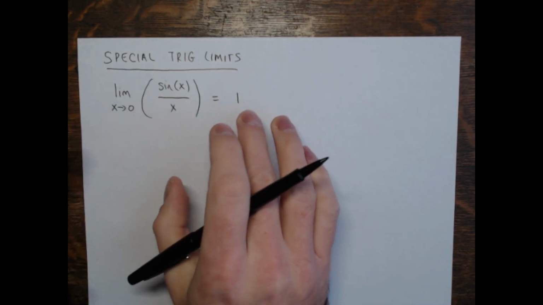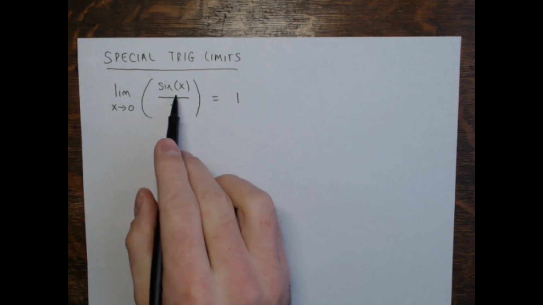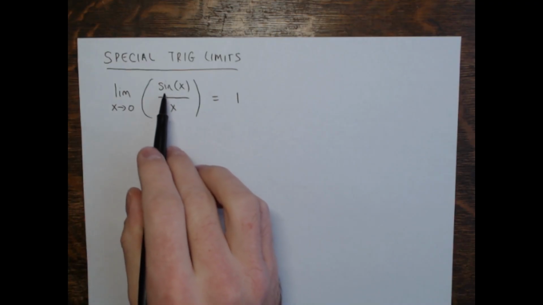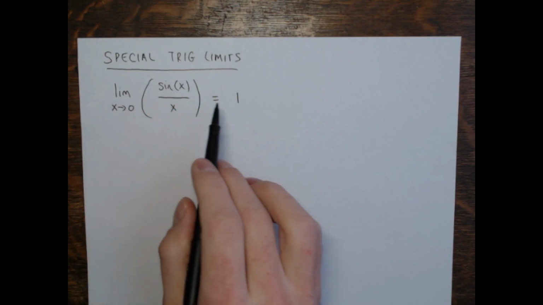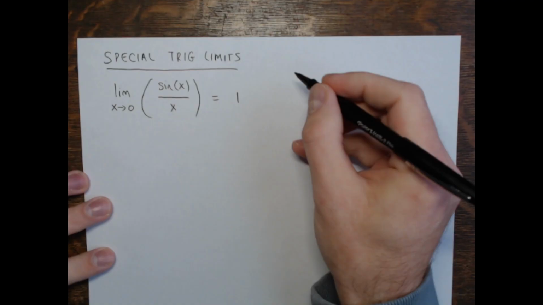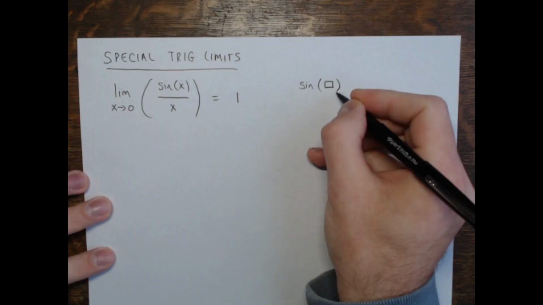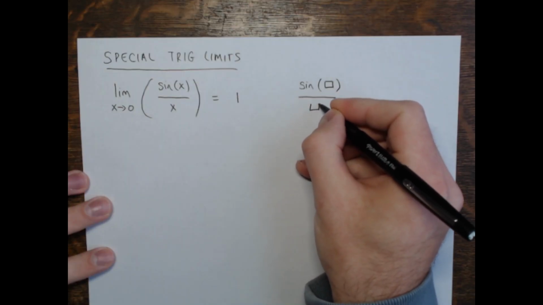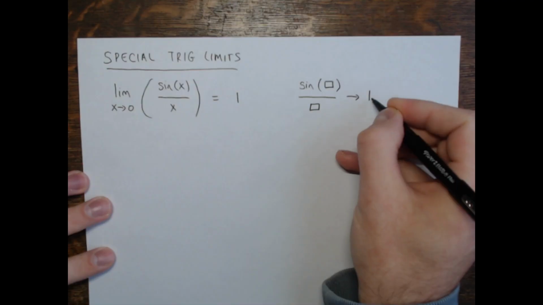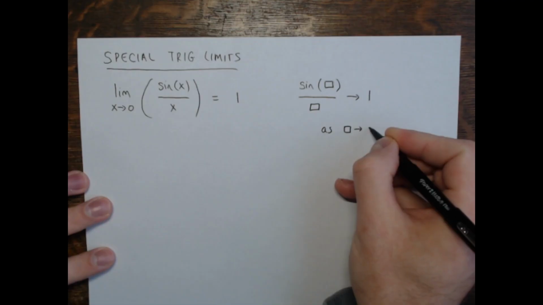I know if you were to plug it in, it'd be 0 divided by 0, but we saw in class, and if you're not in my class, that's fine, you can just go to a table, have x get closer and closer to 0. This expression gets closer and closer to 1. This limit is 1. I will tell you, the sine of blah divided by blah approaches 1 as the expression in the box approaches 0.